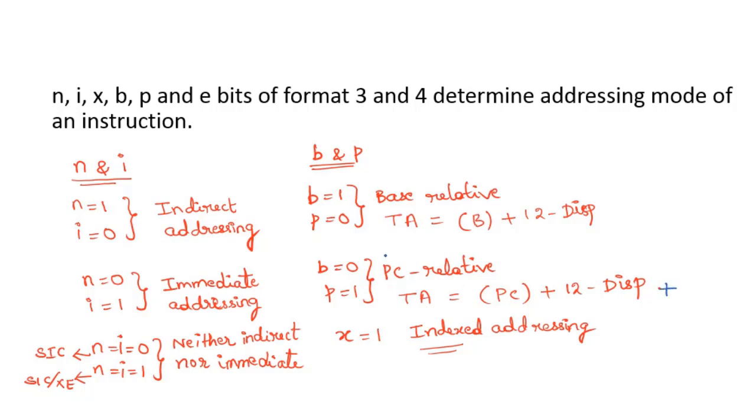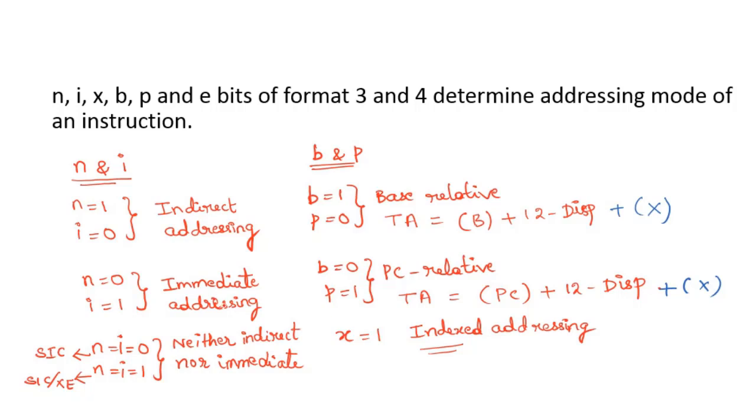So if B is 0, P is 1, X is also 1, then add X along with this. Similarly, if B is 1, P is 0, X is 1, then add contents of index register while doing the computation for target address.